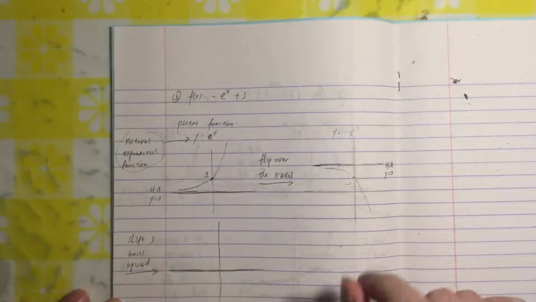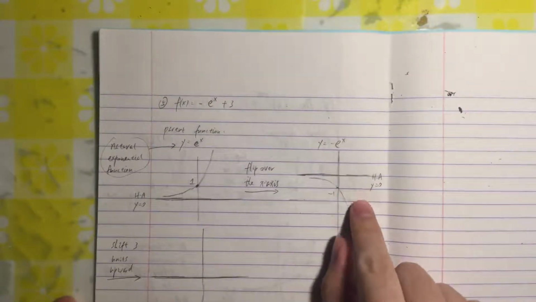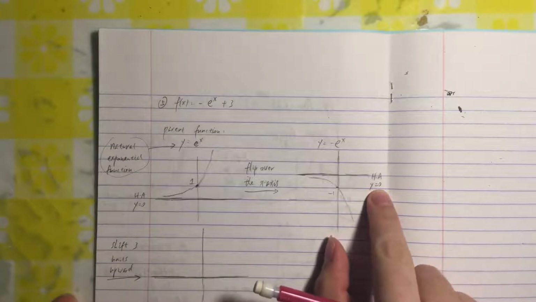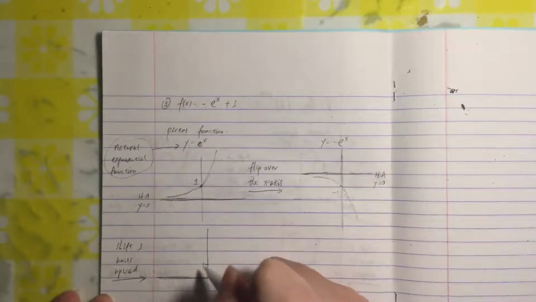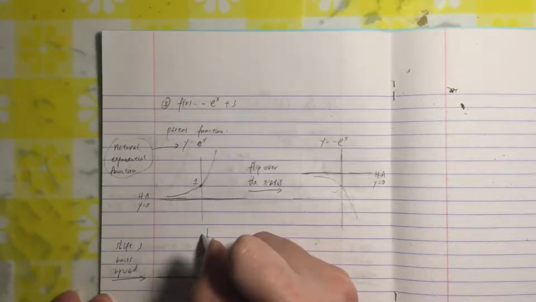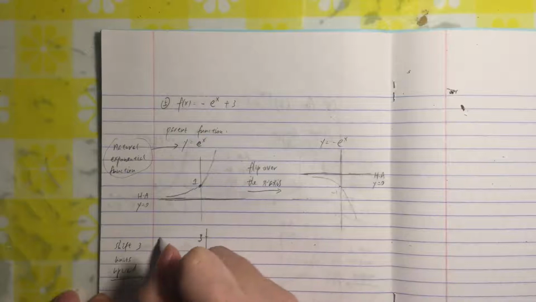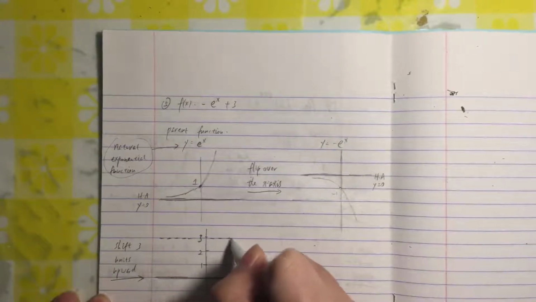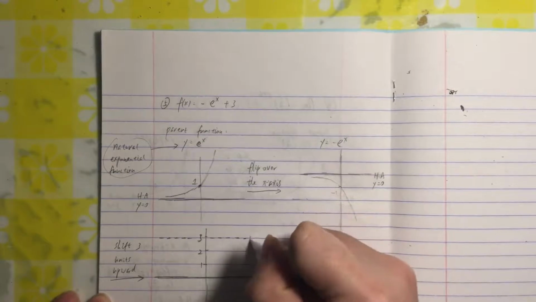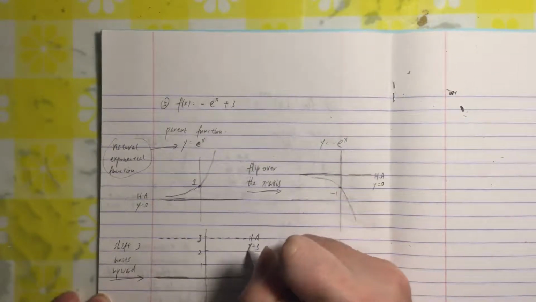When we shift the graph, we must shift the horizontal asymptote at the same time. The horizontal asymptote was y equal to 0. If I shift it 3 units upward, it becomes y equal to 3. 1, 2, 3. So that's the new horizontal asymptote, y equal to 3.